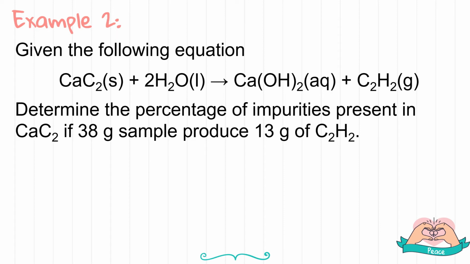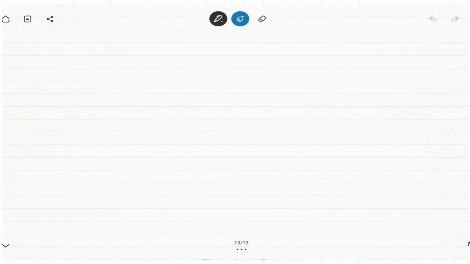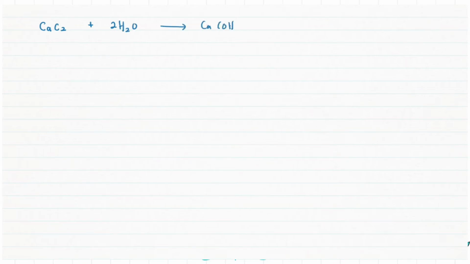Okay, so like example 1, we rewrite the balance equation: CaC2 plus 2H2O produce Ca(OH)2 plus C2H2.